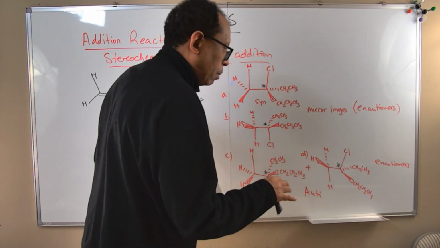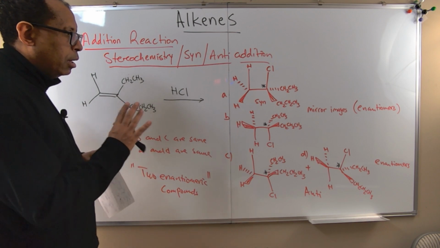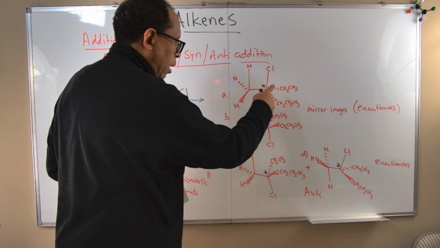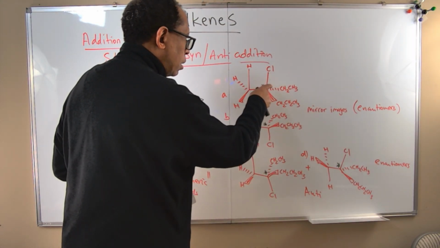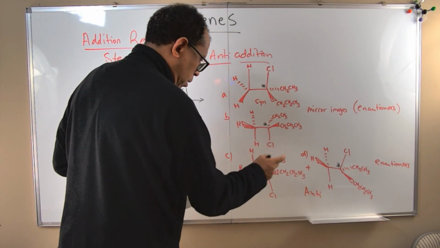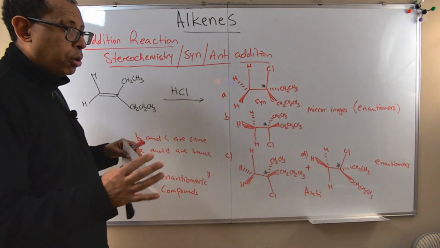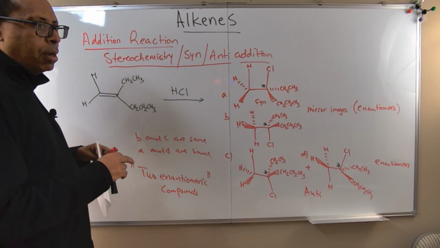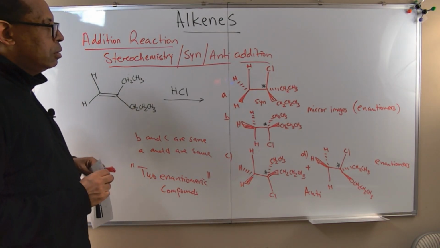So make sure that the stereochemistry is well identified. I will also encourage you to identify whether this is R, this is S, and so on. That's how you would identify whether they are the same compounds or enantiomeric compounds. Okay, so we'll continue more on this.